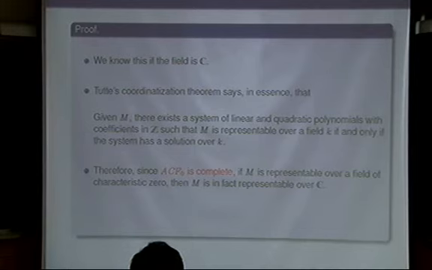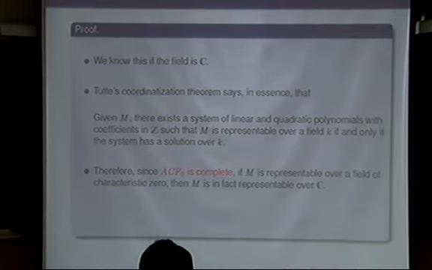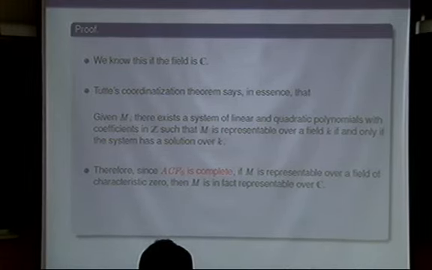Could you possibly remind us what the definition of representability of a matroid is? So a matroid is usually defined by a set of axioms which mimics linear independence in a vector space.